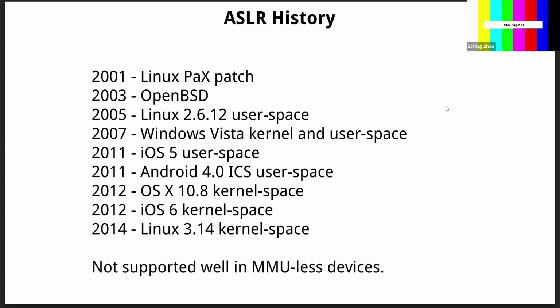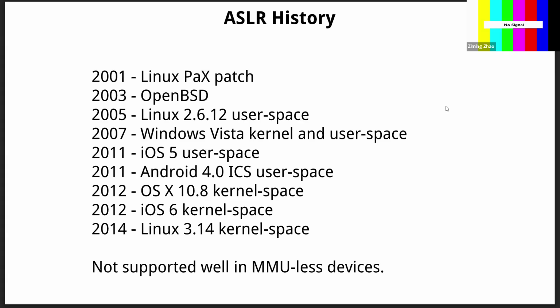Then Linux formally started supporting that at version 2.6 for user space ASLR. In this class, we're mainly talking about the user space ASLR. Then Windows Vista in 2007 for user space as well. After that, iOS, Android, then macOS. The first kernel space ASLR was deployed in 2012.